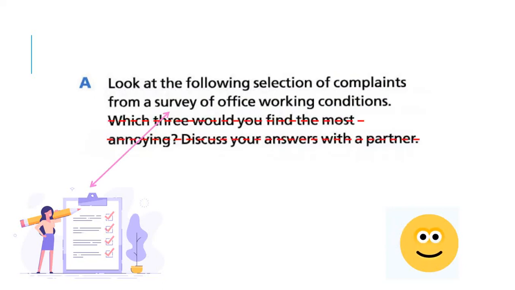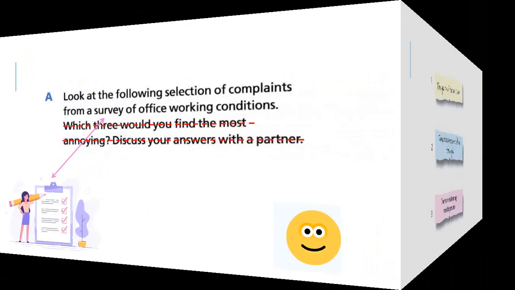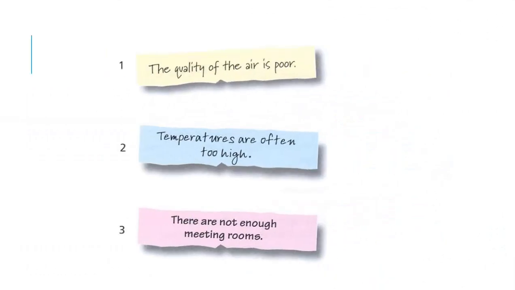I don't want you to focus on this last part of the instructions, so let's go straight to analyze the list of complaints. The first complaint says the quality of the air is poor. It means that the air is not good. Probably it has smoke, or dust, or it's very humid.